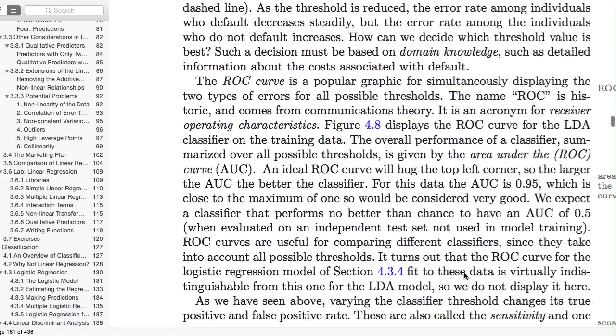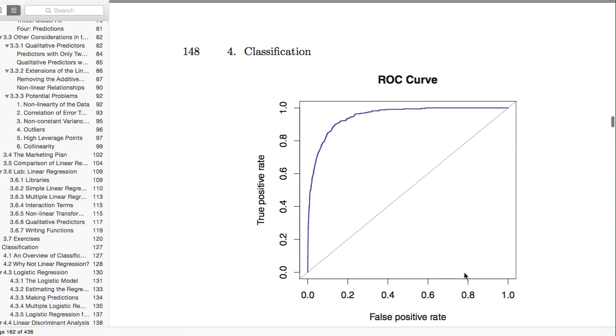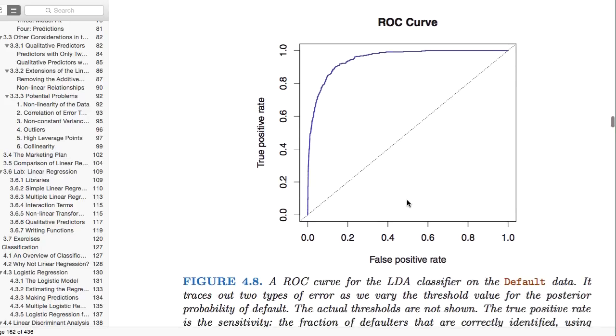Okay, now here is a ROC curve. This is one of several popular ways of picturing how well we're doing. We want to know our true positive rate. We want to know that this line goes up really fast and hugs this corner as much as possible.